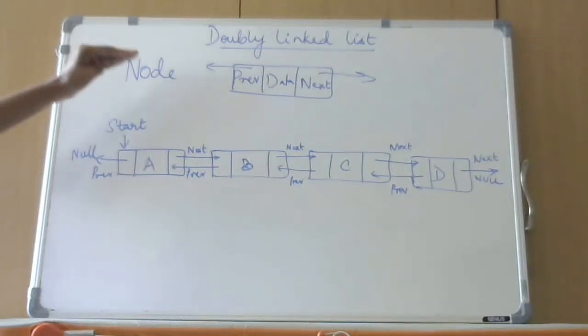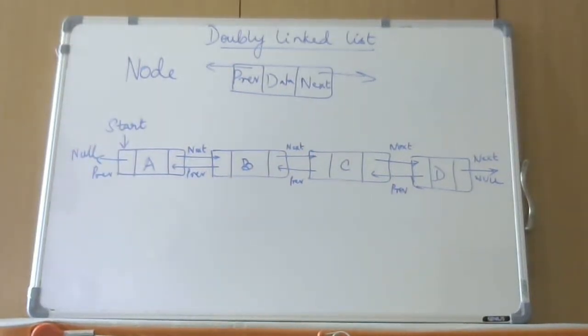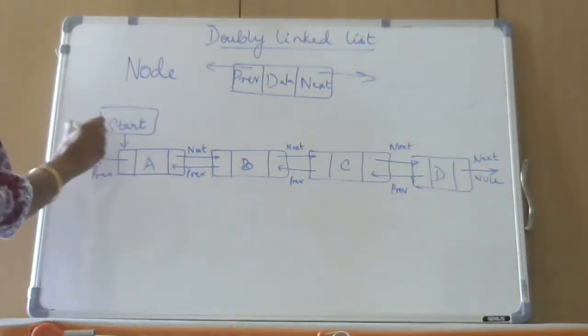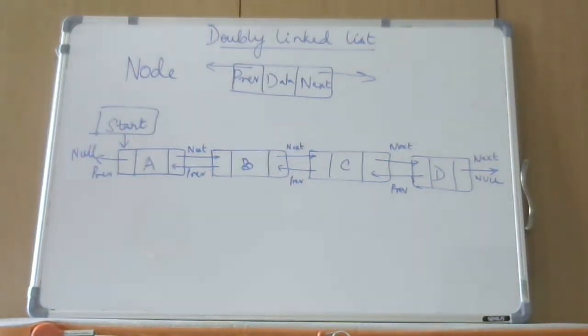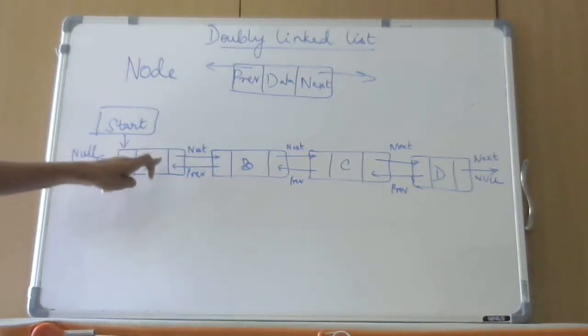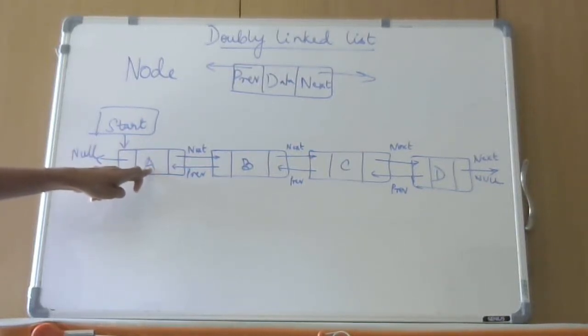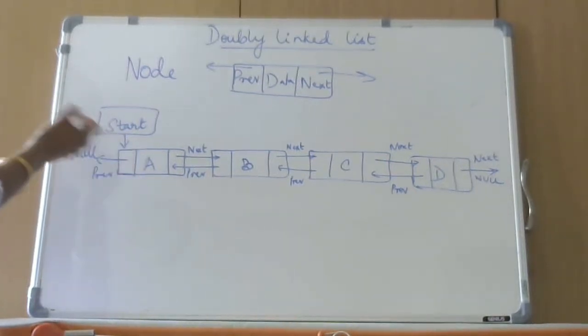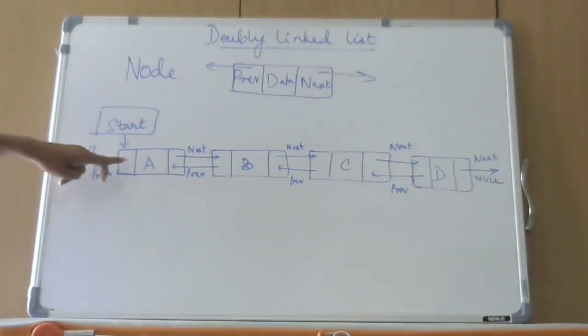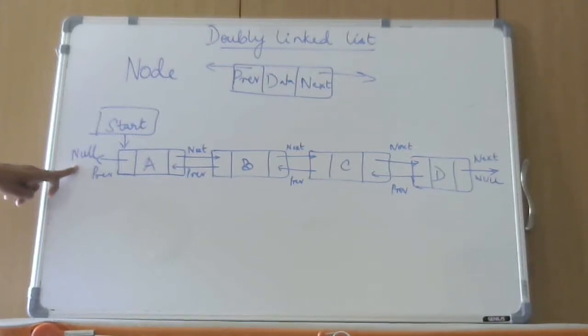Now, suppose I take an example of a doubly linked list. How is it going to look? Again, we are going to have a start pointer. As we all know, start is a pointer which is going to hold the address of the first node. So that is holding here. This first A is the data that I have stored in the first node. Previous of A will be pointing to null because you don't have any previous nodes.